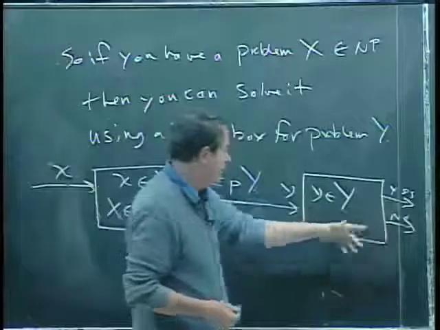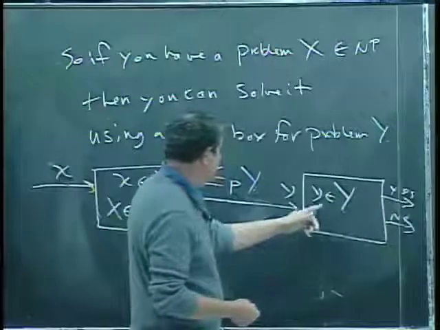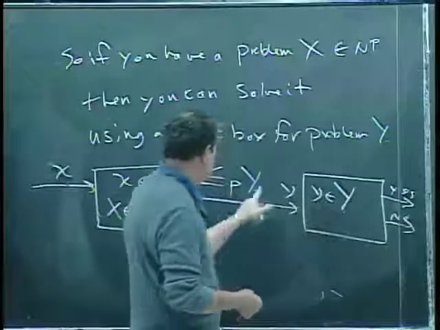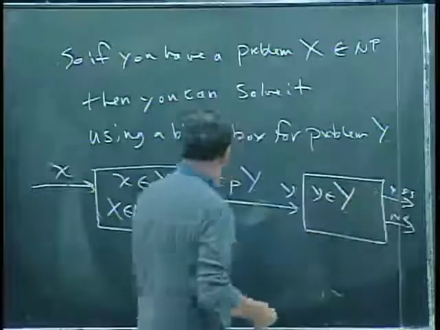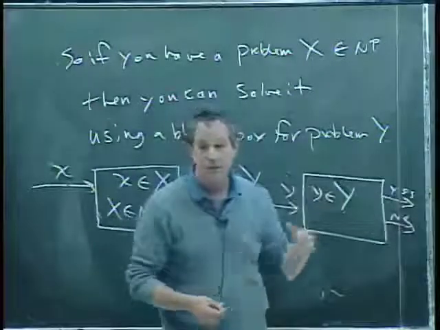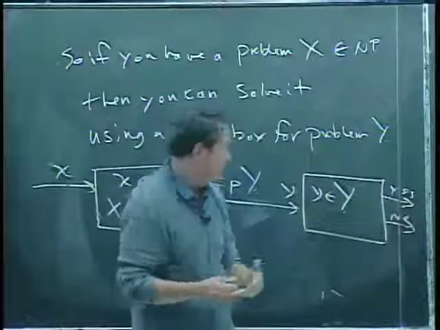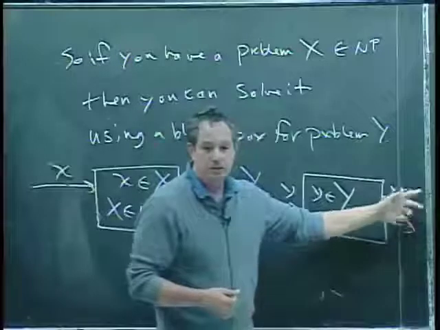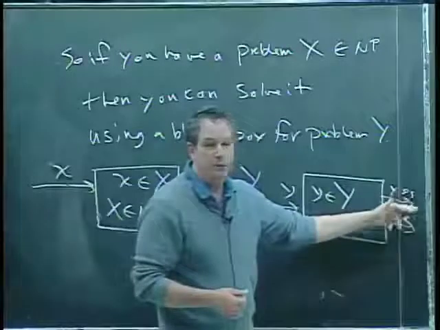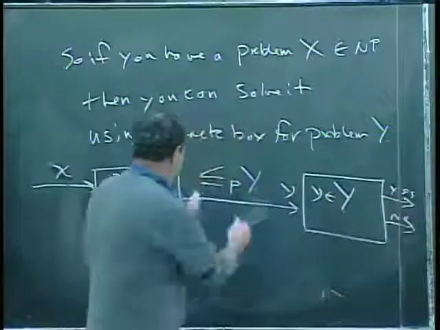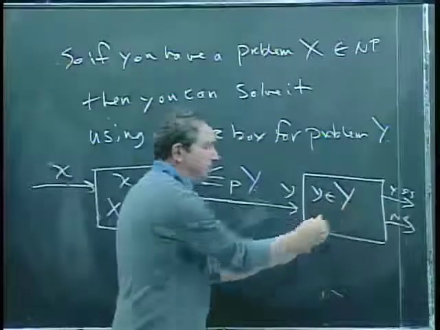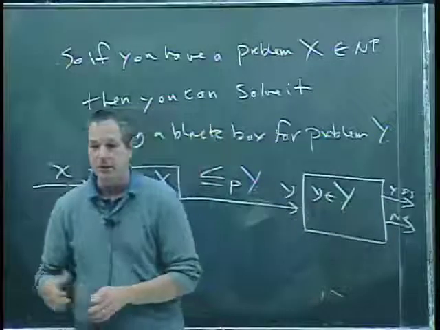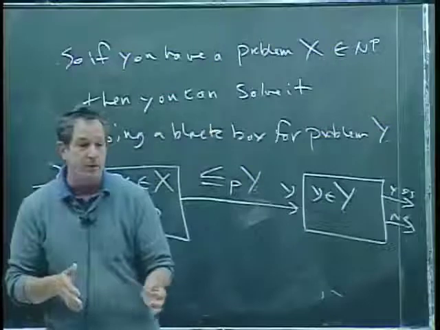And of course, you do have to pay attention to how this reduction works. Does a yes here mean a yes here, or does a yes mean a no? But that's a detail of the reduction, and so I probably should have had something here which said interpret the yes or no appropriately. But this is a polynomial followed by a polynomial, and we've discussed this 2 times, that a polynomial of a polynomial is still a polynomial.